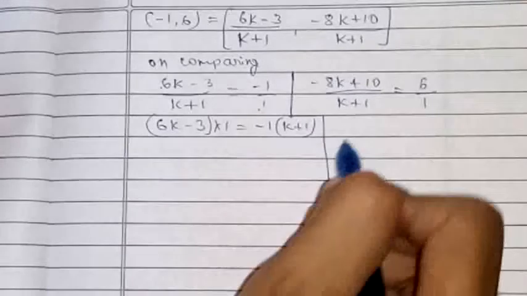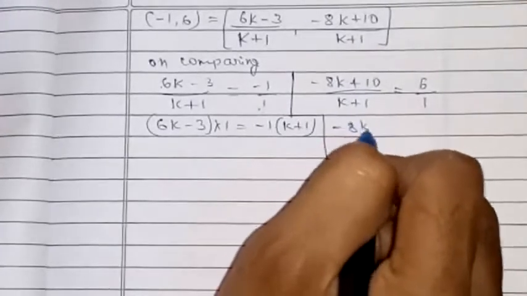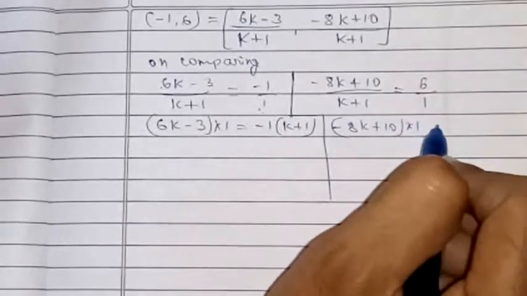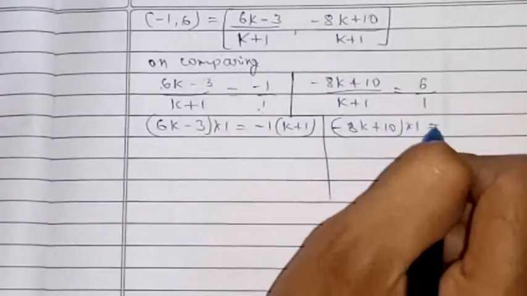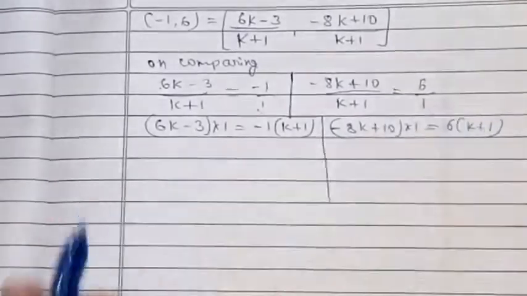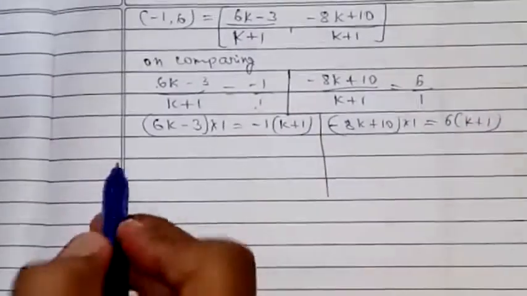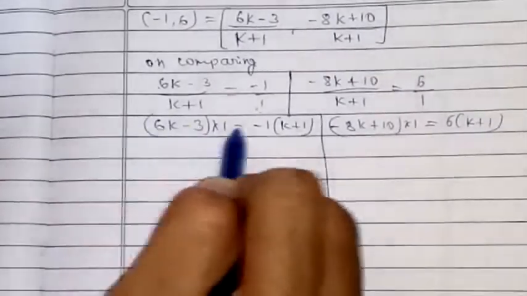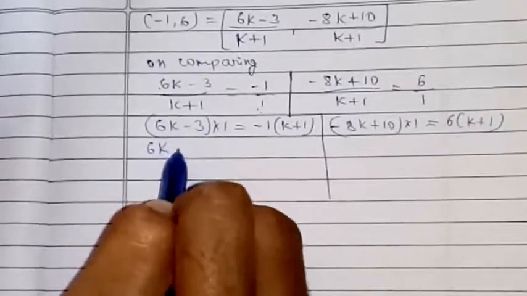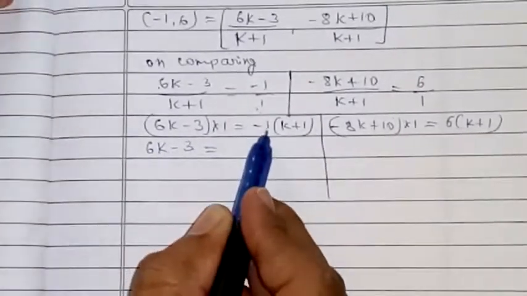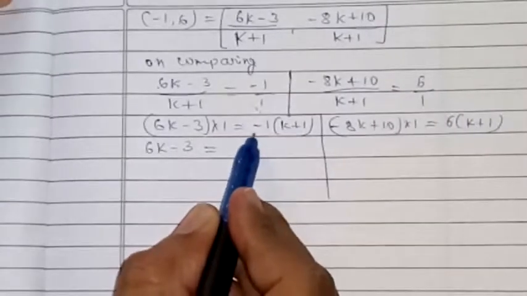So make a cross multiple. So therefore minus 8k plus 10 into 1 is equals to 6 into k plus 1. Right? Now multiple 1 into something is nothing, the same answer will come. So therefore 6k into 1 is 6k minus 3 ones are 3. That's equals to, now here you need to multiply it by 1 and also you need to multiply with the symbols also.